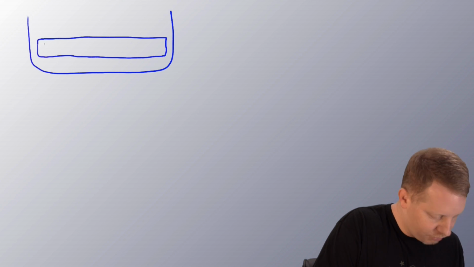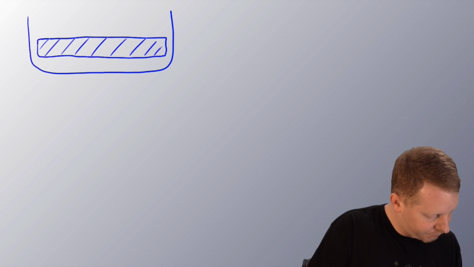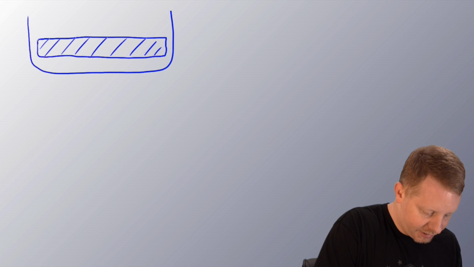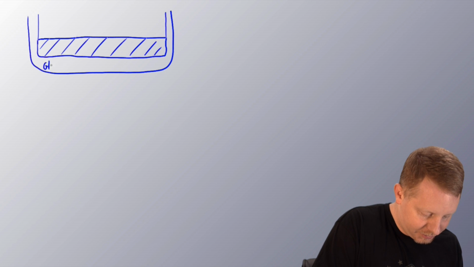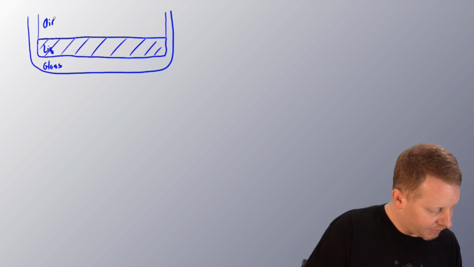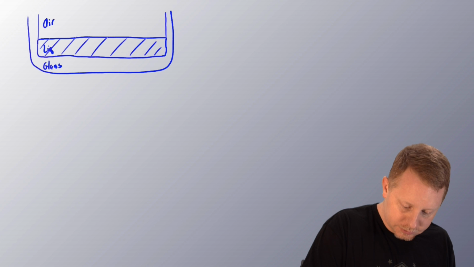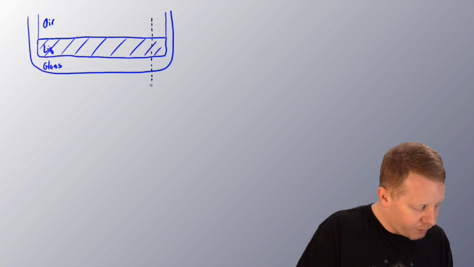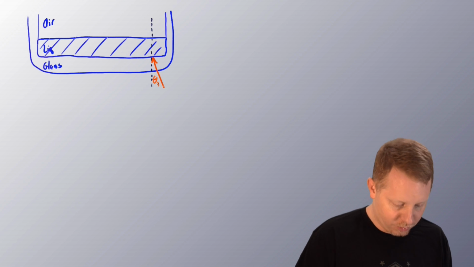Pretty poor drawing, I know, but I think you'll get the general idea. There's our liquid. And up above that, we have air. So glass, our liquid, and air. And as we draw a normal line here, we have on our diagram an incoming ray that looks like it's incoming at angle theta 1.